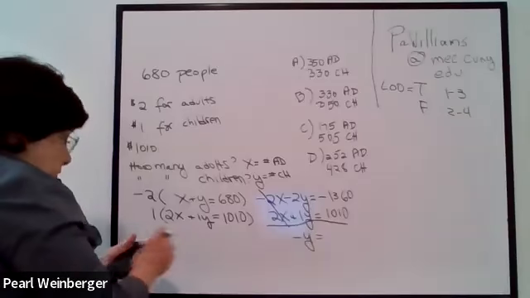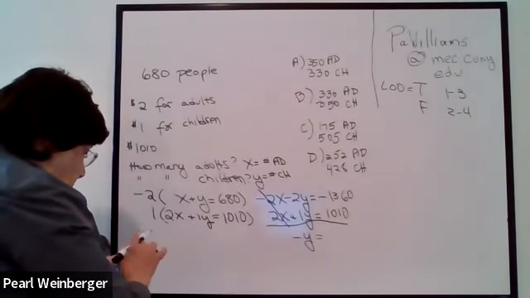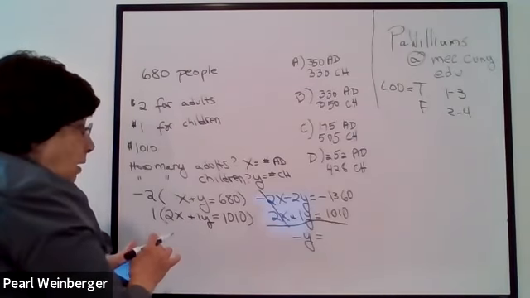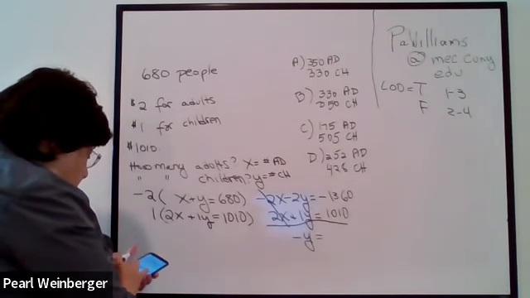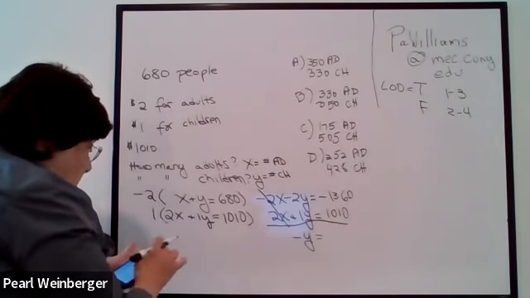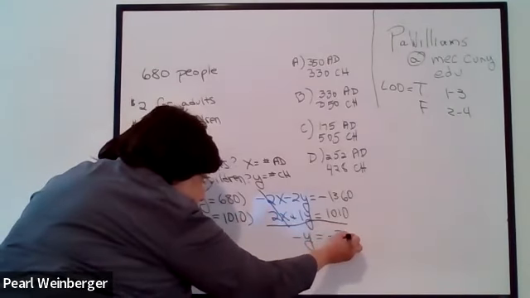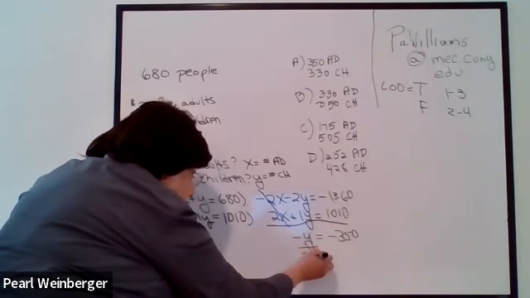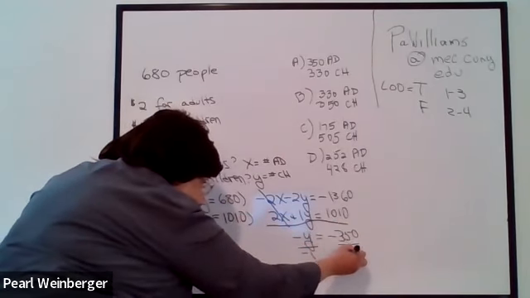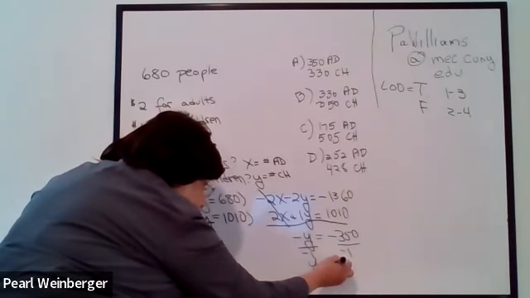And -1360 plus 1010 is giving me -350. And I'll divide by -1 because I want what y is, and I get that y equals 350.